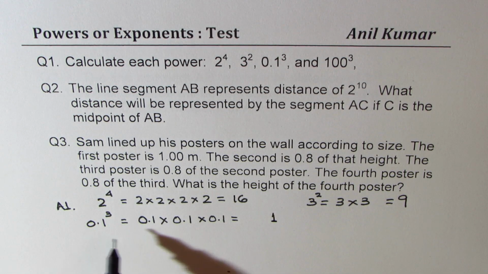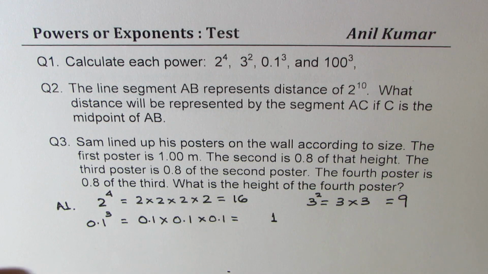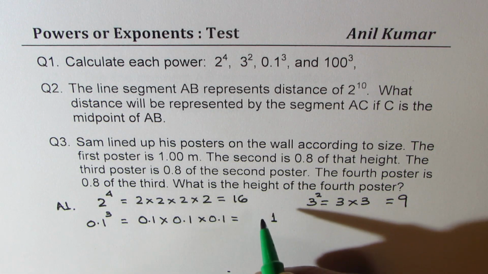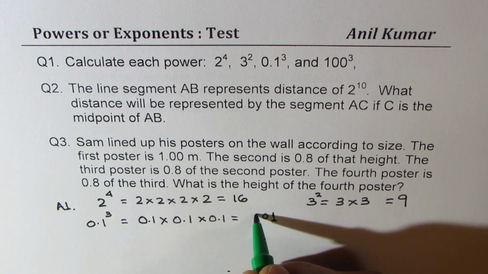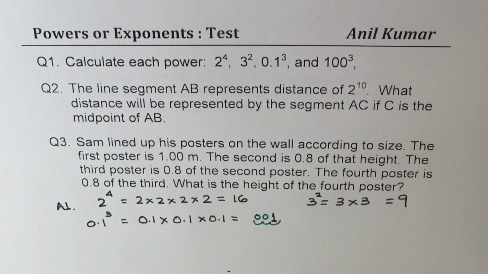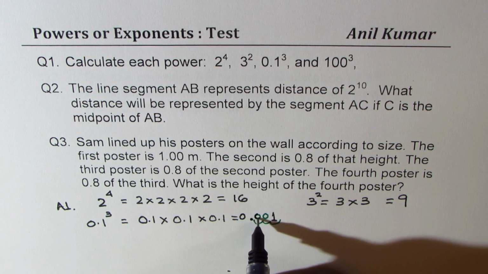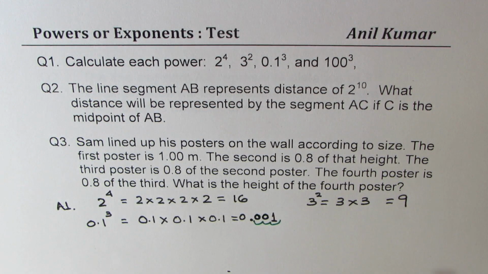But since we are multiplying decimal numbers, we need 3 decimal places. But here, we are going to introduce zeros to get those decimal places, right? So decimal is here, 1, 2, and 3. You see what you get. So you get 0.001.